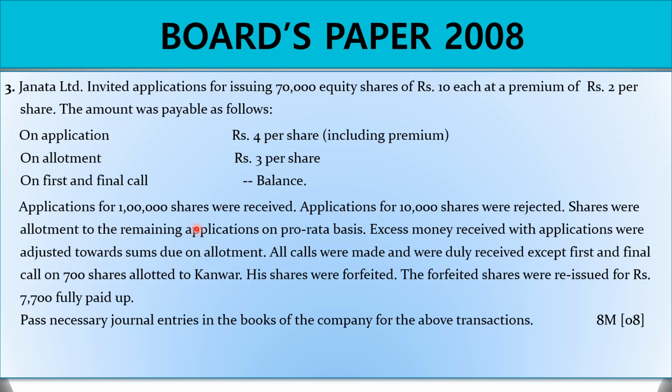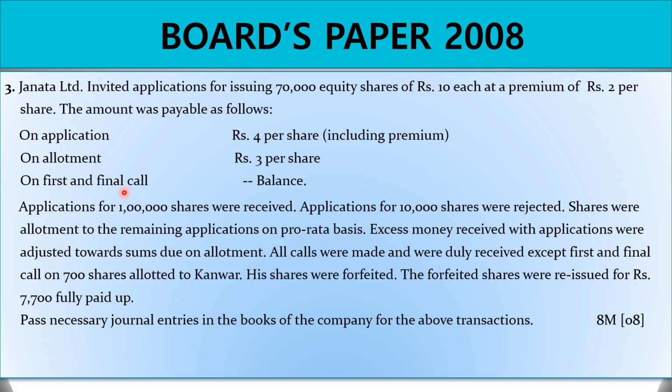The answer is that there will be 3 conditions. First, number 1, oversubscription. Second condition, adjustment with the subsequent installment, that is allotment or first call. Third condition, arrear will arise from allotment.